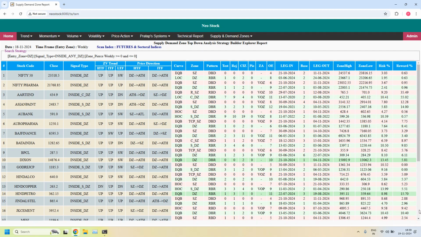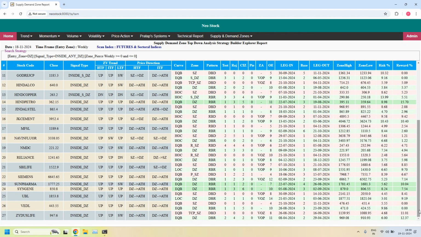First 16 stocks in the list. I am scrolling the list down. 27 stocks are filtered. Currently, price closed inside these 27 weekly demand zones. In these 27, there are some high probability setup zones supported by weekly EMA confluence.